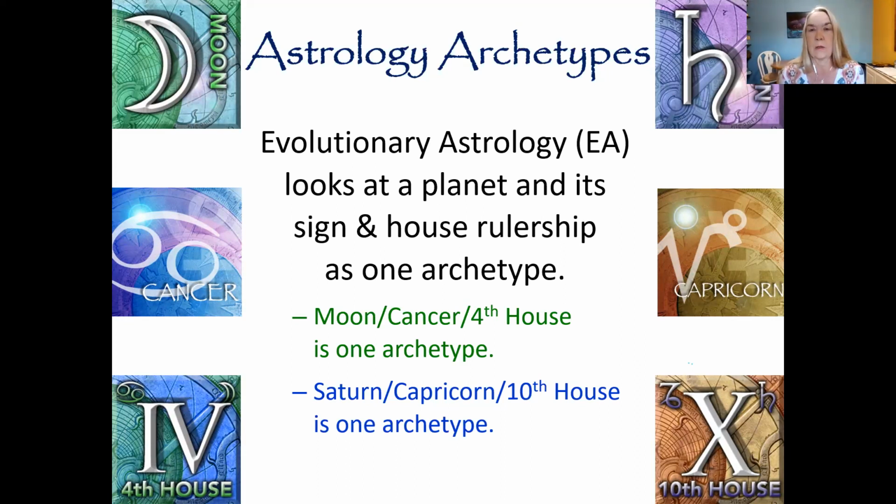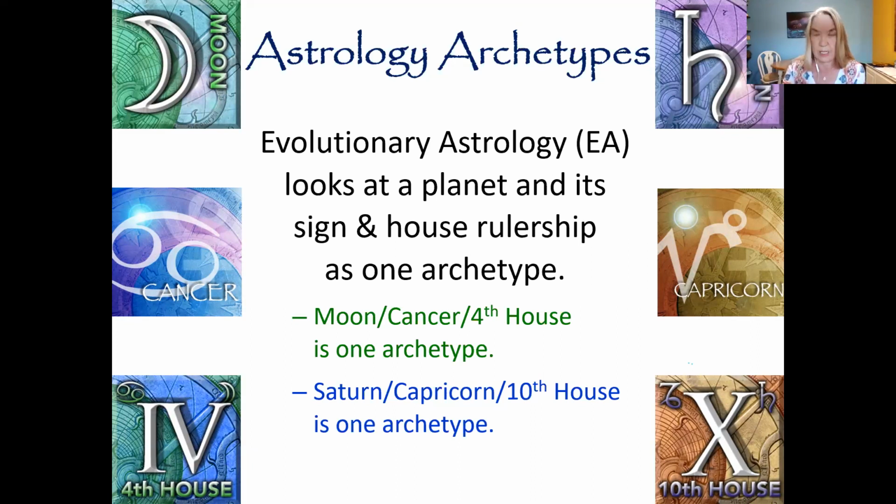We look at Saturn, Capricorn, and 10th house as one archetype. One of Jeffrey Green's most basic teachings is that if you just learn the 12 archetypes, Aries through Pisces, 1st through 12th house, then you can extrapolate a sign, a house, and a planet.